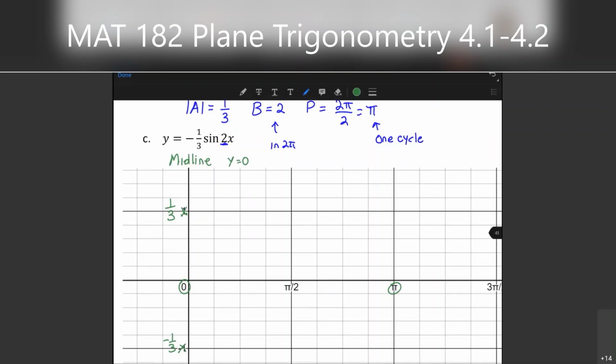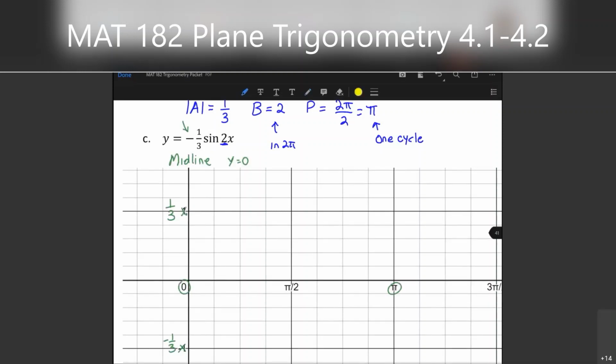So we start at the midline, and then we're going to do a regular sine wave, but we'll notice that the function has a negative to start. So this will be important. Just like when we started with a cosine that was negative, we started in the negative direction. This will be the same thing for the sine.